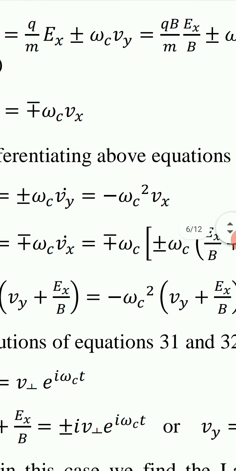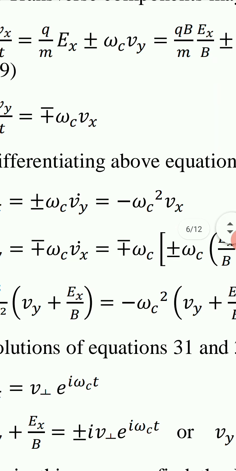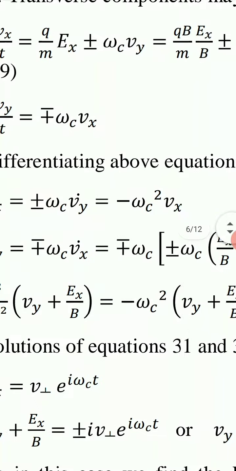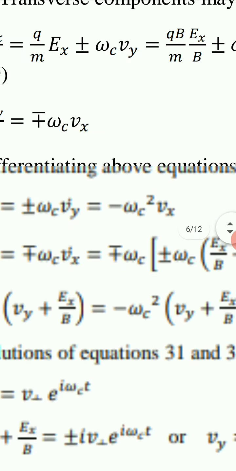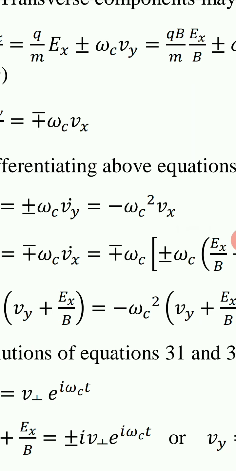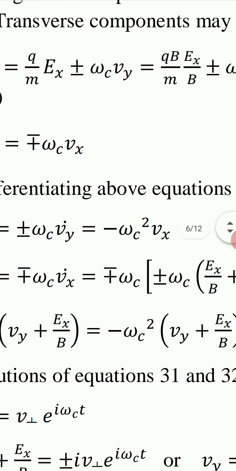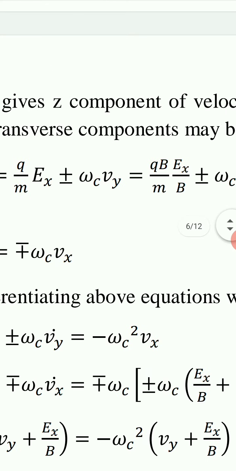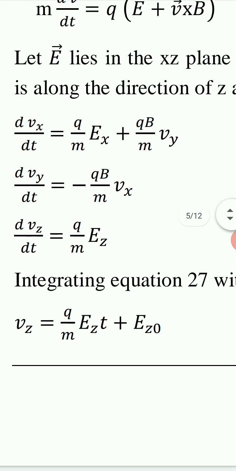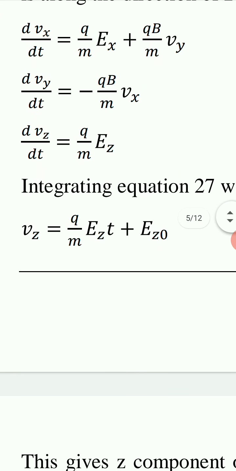And then in the first term of the right hand side, which is Q upon M Ex, we multiply by B and divide by B, so that we can find a term like QB upon M, which is plus minus omega c. So the QB upon M term is present here in the second term of the right hand side.